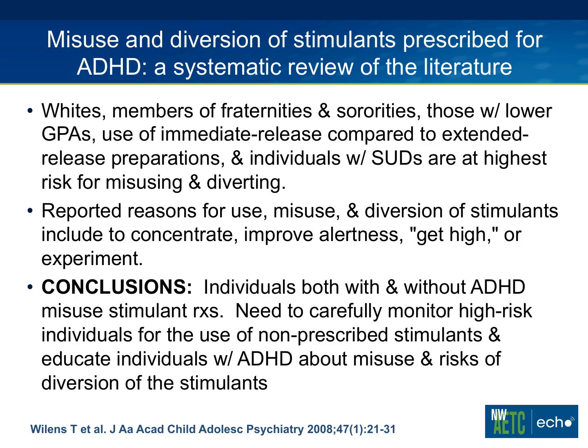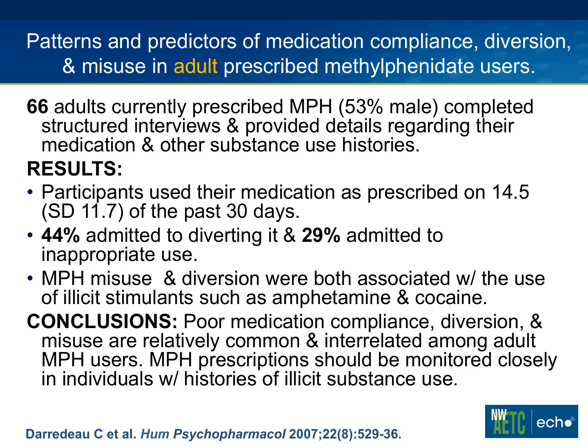We have a few more minutes here. So here's another study looking at patterns and predictors of diversion and misuse in adult prescribed methylphenidate users. They interviewed 66 adults being prescribed methylphenidate. They did structured interviews, and the patients provided details regarding their medication and other substance use histories. Apparently, they used their medication as prescribed on only half of the past month. 44% admitted to diverting it, and 29% admitted to inappropriate use.